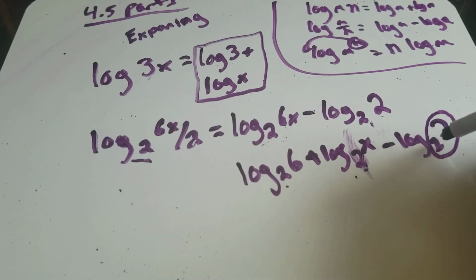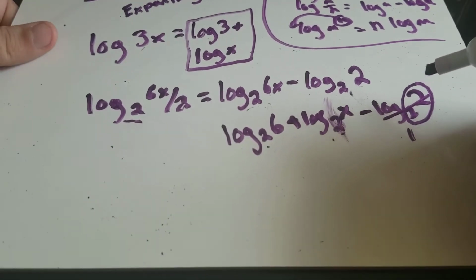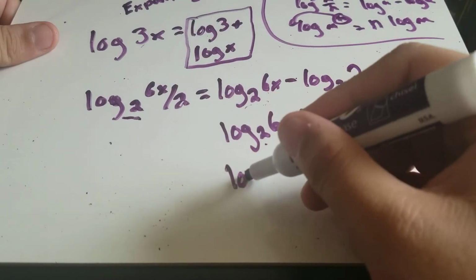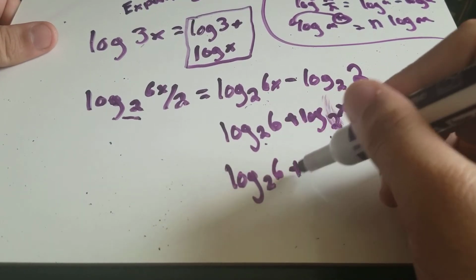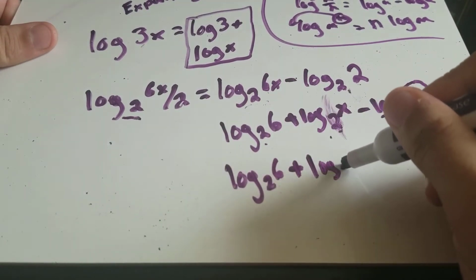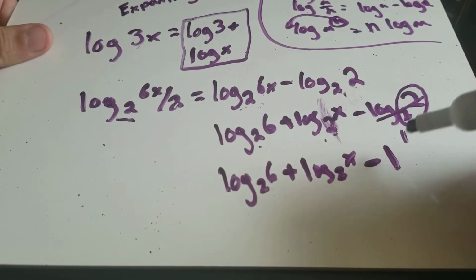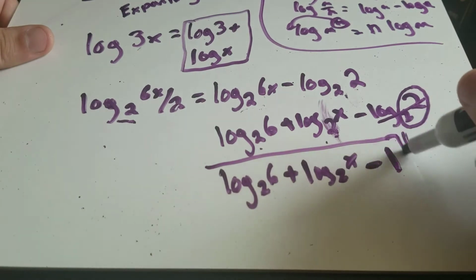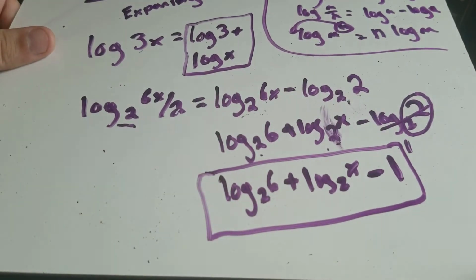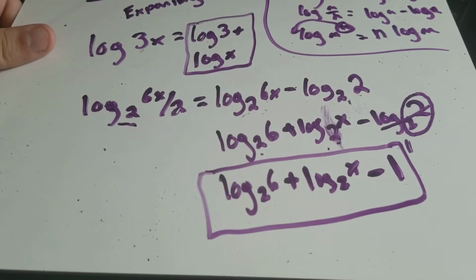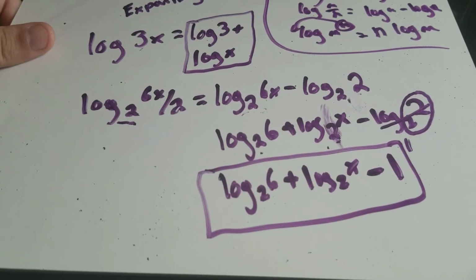So what happens when they're exactly matching? They cancel out to 1. So my final, most simplified answer is log base 2 of 6 plus log base 2 of x minus 1.